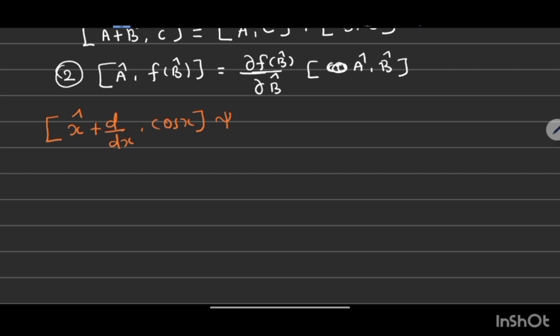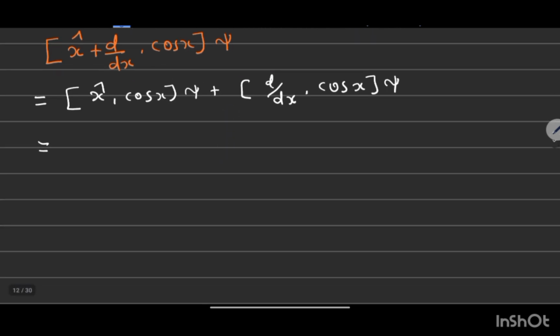Let's use the first property, the linearity property, and break this down into two commutation relations. So x comma cosine of x of psi, plus d by dx comma cosine of x of psi.